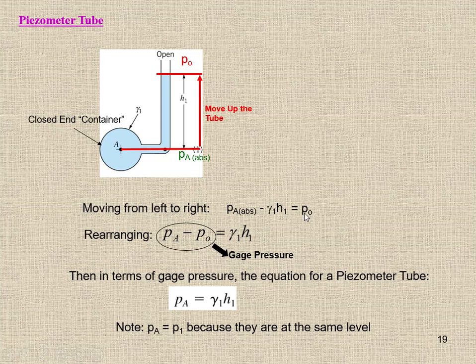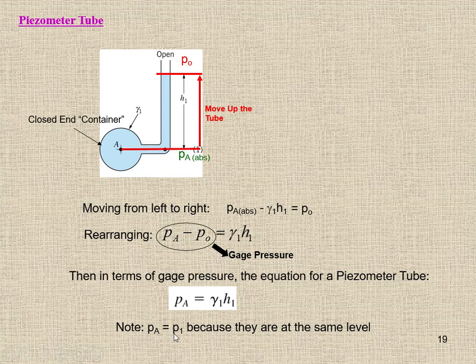What is the gauge pressure? Absolute pressure minus atmospheric pressure is equal to gauge pressure. So this will give you the gauge pressure, and if you take the P naught to the other side, this will give you the absolute pressure. In terms of gauge pressure, the equation for a piezometer tube is PA equals gamma 1 H1.